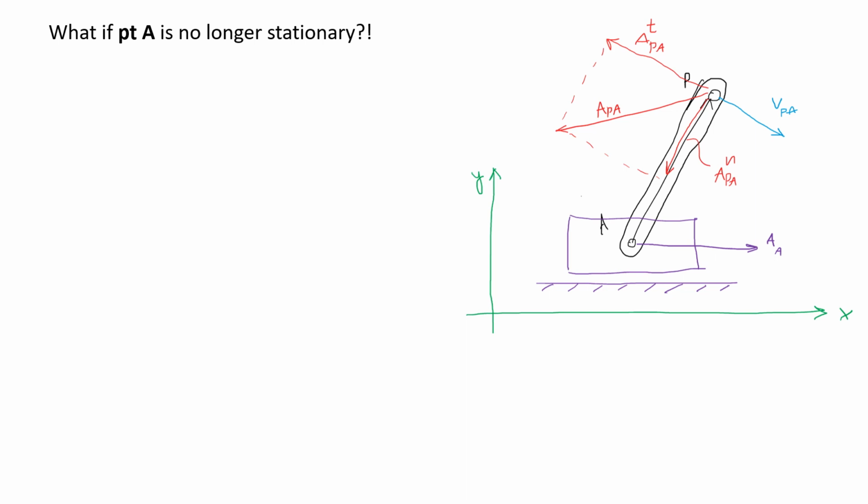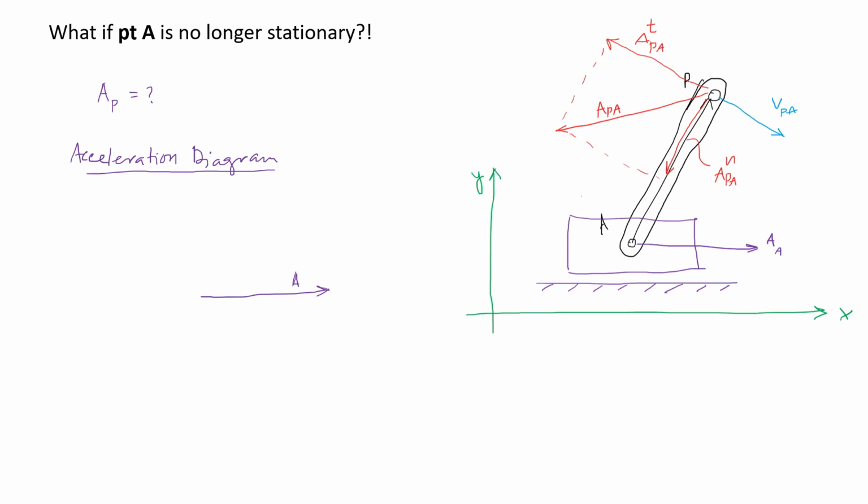So in order to analyze what is happening at point P in terms of acceleration, we need to draw the acceleration diagram over here. And this diagram is constructed using the similar approach that we have already used in constructing the velocity diagrams. So what we're going to do, we're going to start with the acceleration of point A, once again drawn.